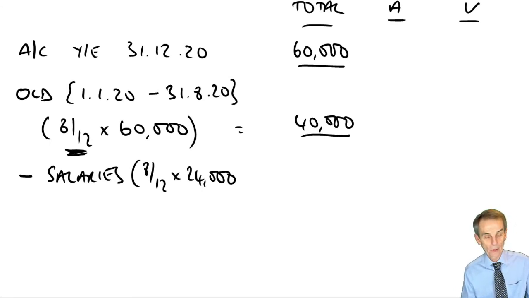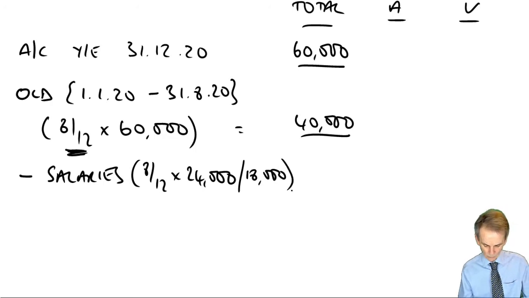So we've agreed that the old agreement lasted for 8 months of this 12-month accounting period. The old levels of annual salary were 24,000 and 18,000. We therefore want 8/12 of those figures credited to the respective partners. 8/12, 2/3 therefore of 24,000.